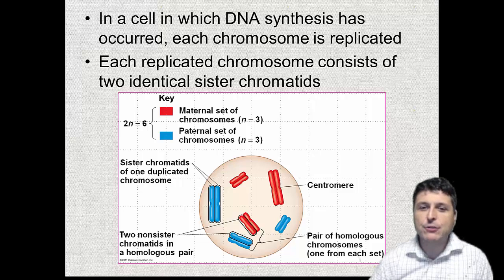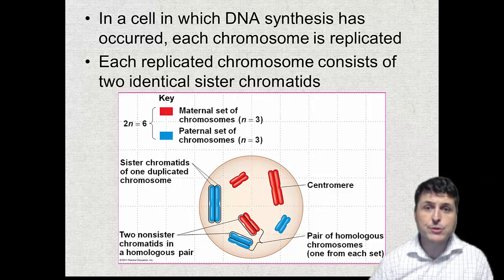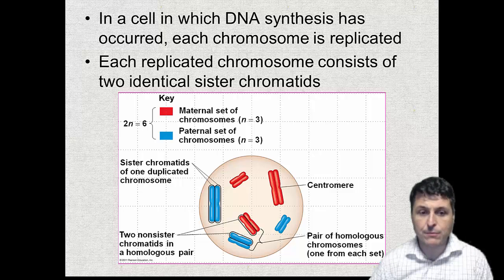Now, the replicated chromosomes will consist of two identical sister chromatids. So if we look at this example, we have some red chromosomes and some blue chromosomes. The reds from our mother and the blues from our father. The chromosomes of similar sizes would be homologous chromosomes.